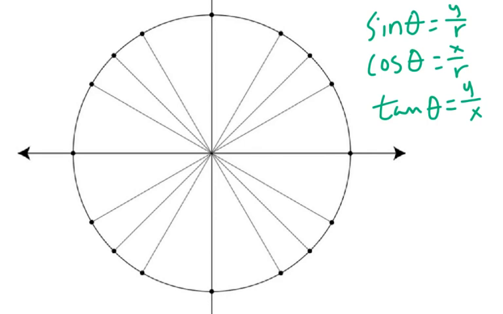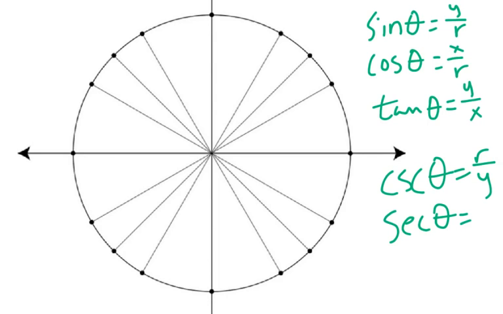Then we learned about those reciprocal trig functions. The reciprocal of sine is cosecant of theta, which is r over y. The secant is the reciprocal of cosine, which is r over x, and the cotangent is the reciprocal of the tangent, which is x over y.